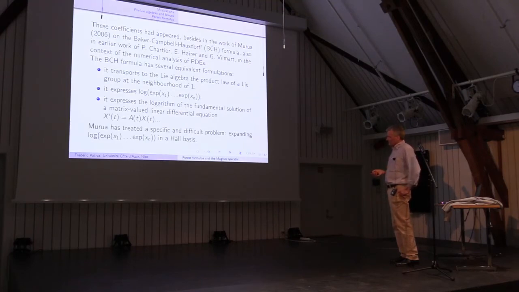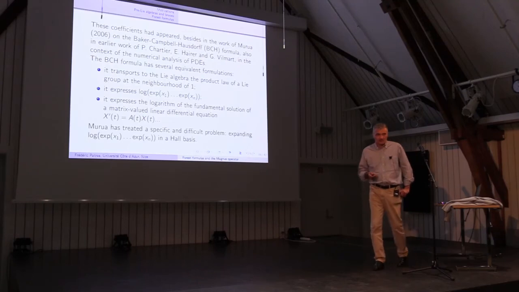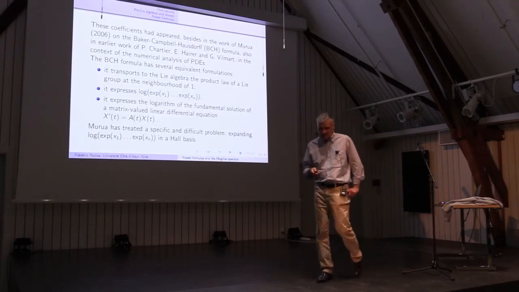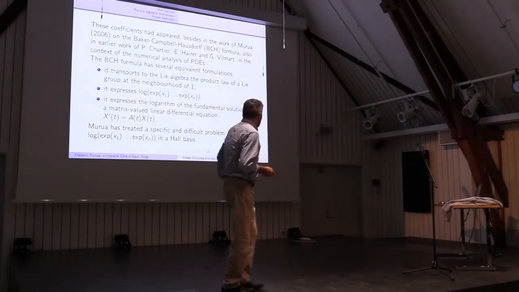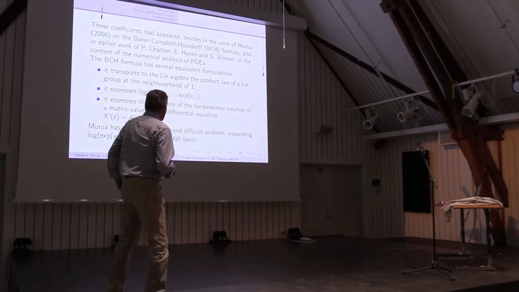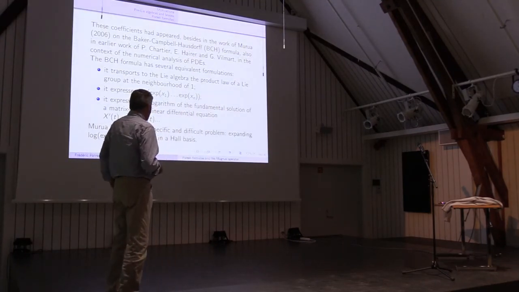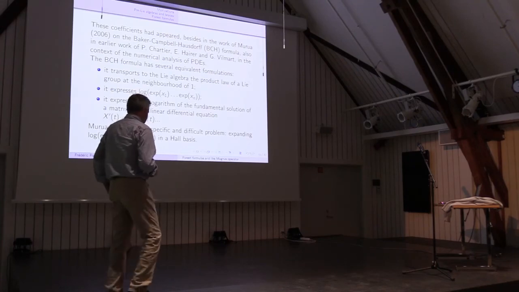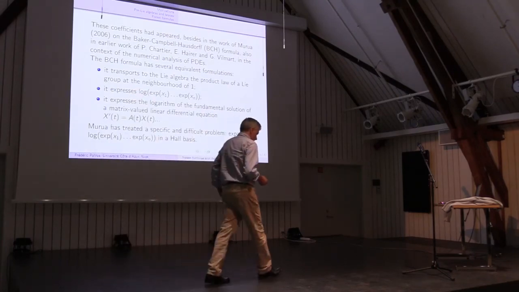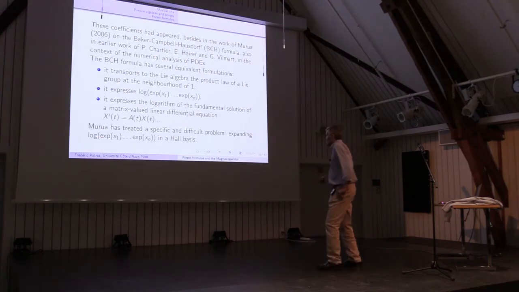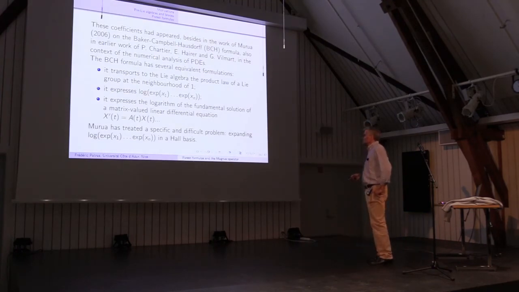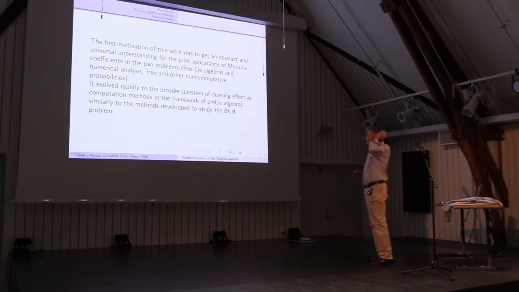But if you want to have something numerically as efficient as possible, you want to express this in a basis of the free Lie algebra. So the theory of bases of free Lie algebras is the theory of all bases. And the purpose of Murua's paper was to obtain formulas in all bases for the solution to the Baker-Campbell-Hausdorff problem. So it's one of the relations of the talk to Lie theory.